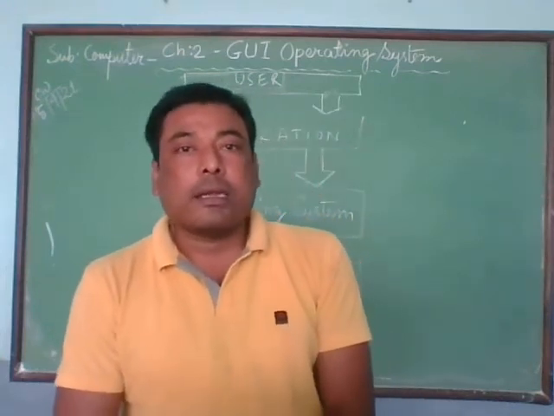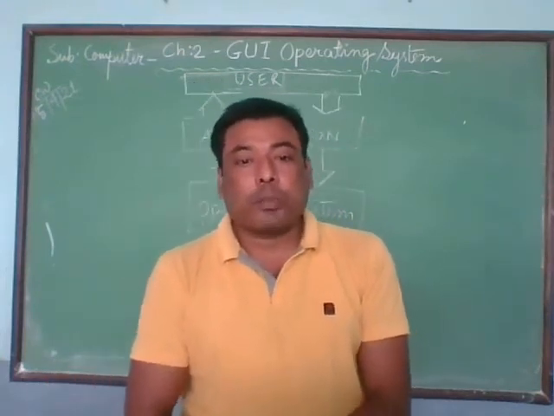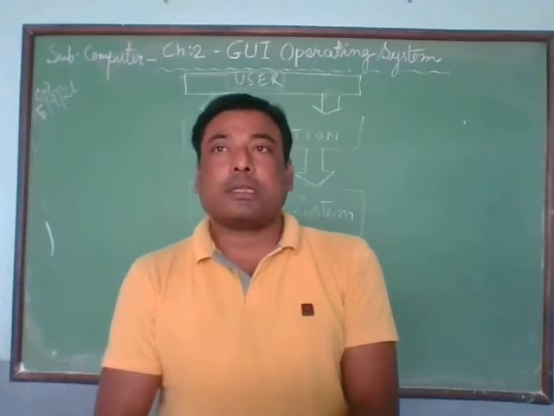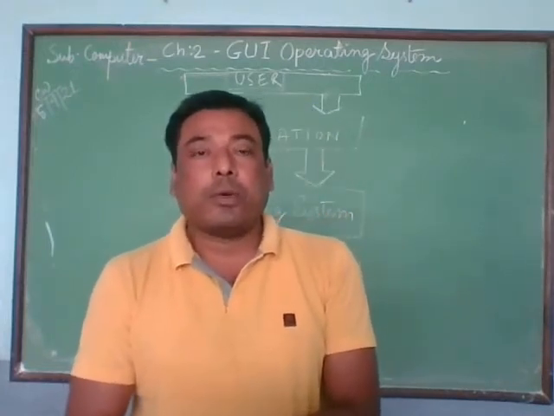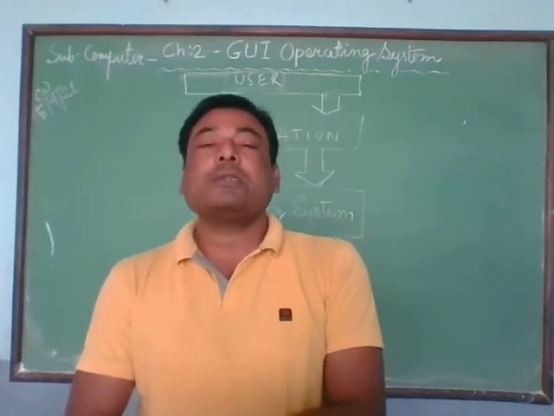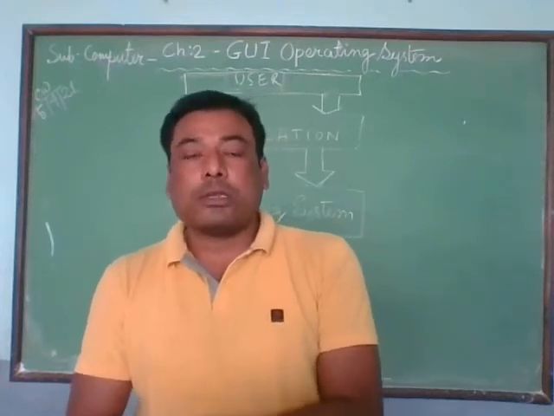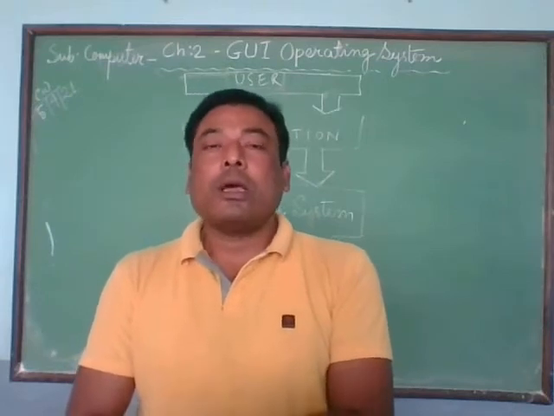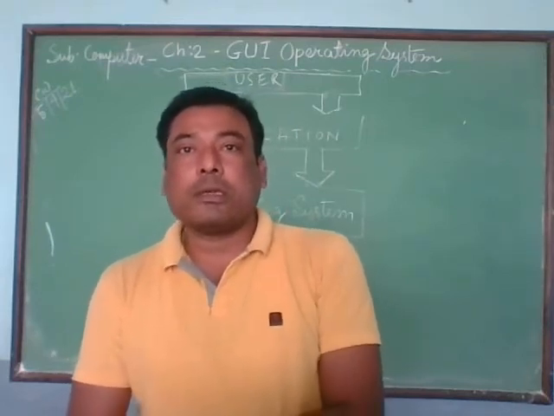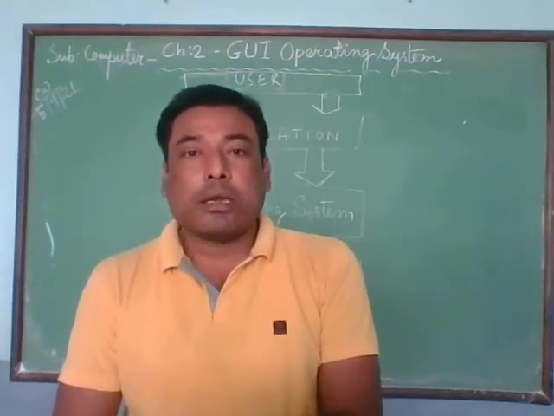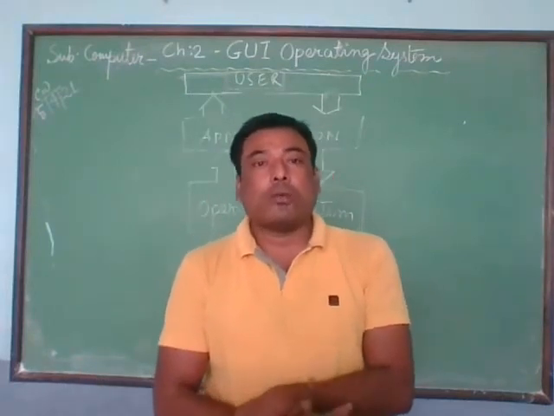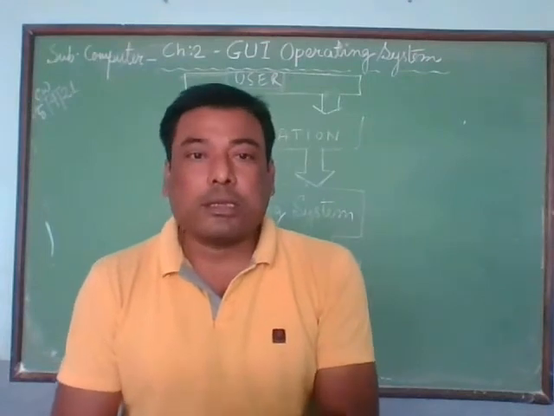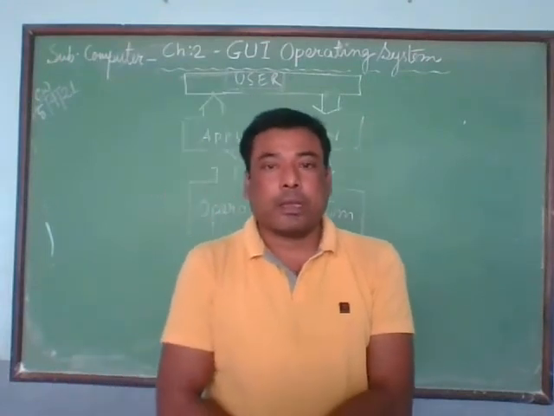So we know that a computer runs on the operating system. There are two types of software: one is application software, and one is system software. Under system software, the operating system takes the vital role in running the computer. So first of all, you have to know what an operating system is.